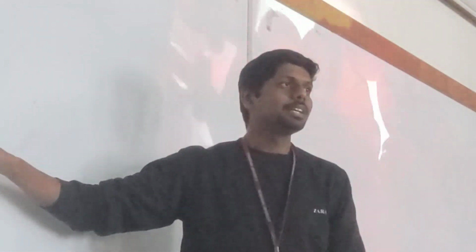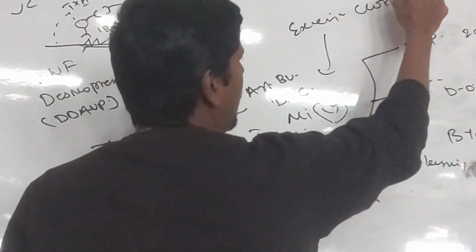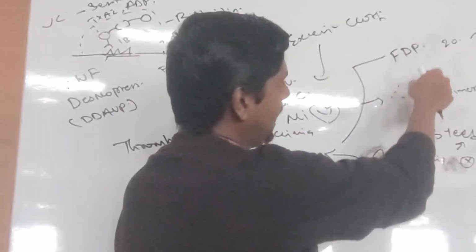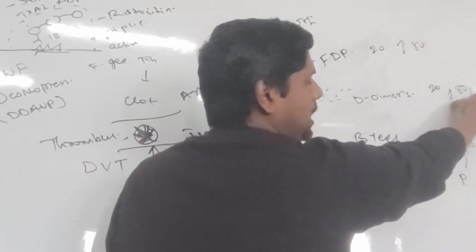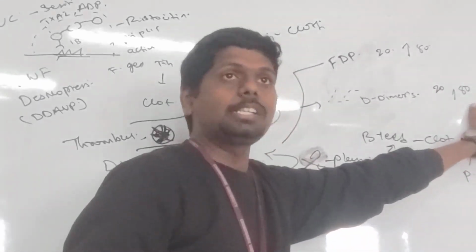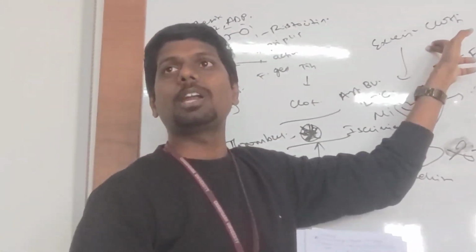Got my point? There is excessive clotting in the body, and the body was trying to eliminate them, plasmin degrading them. That's why we are seeing excessive declotted products. The presence of excessive declotted products indicates an increased clotting process in the body.